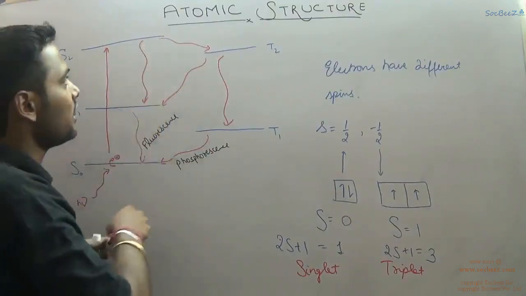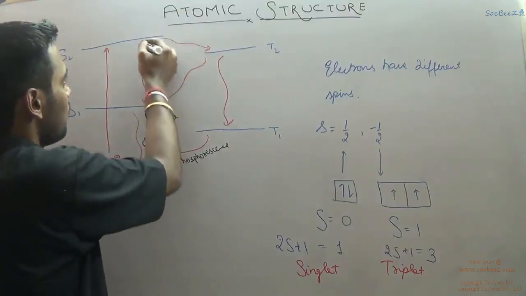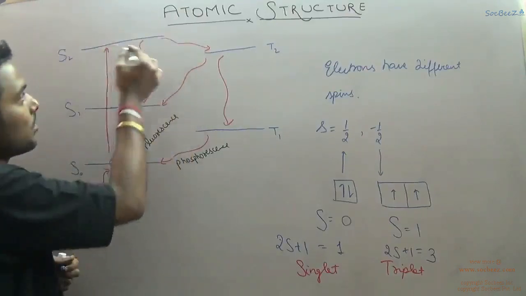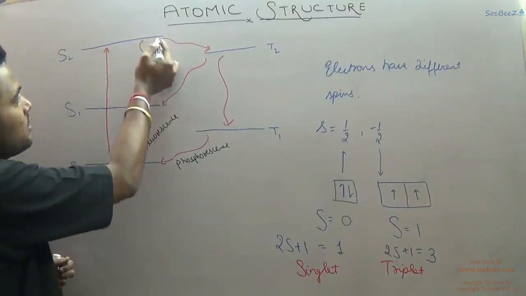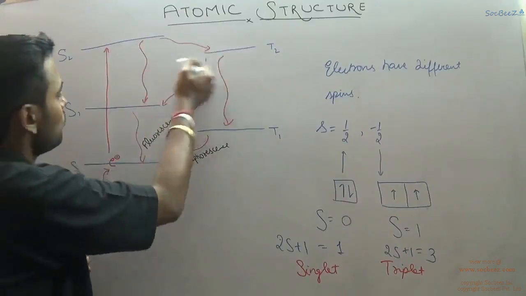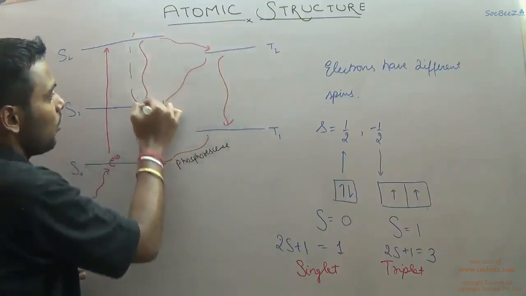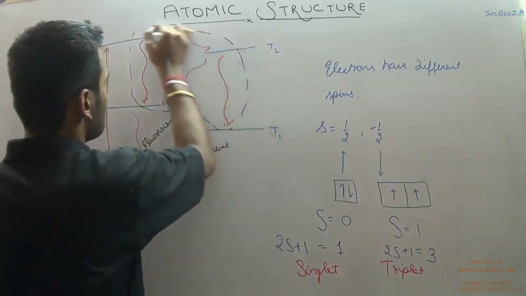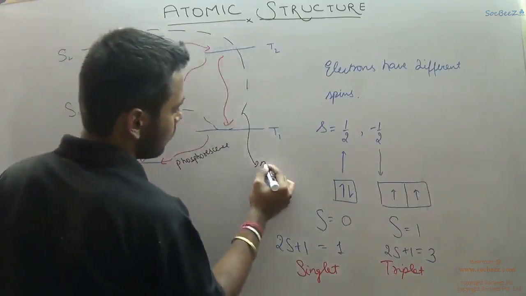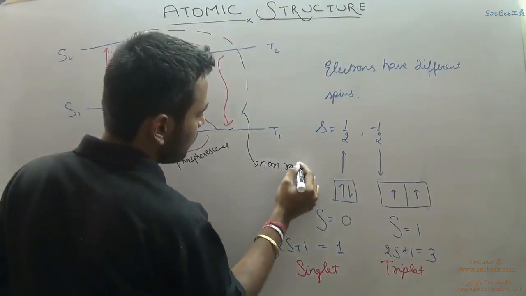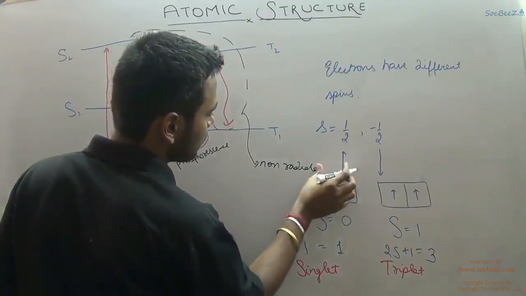This is known as non-radiative transition. If an electron comes from S2 to S1 or S2 to T2 or T2 to S1 or T2 to T1, these all are non-radiative transitions, non-radiative because they do not radiate anything.